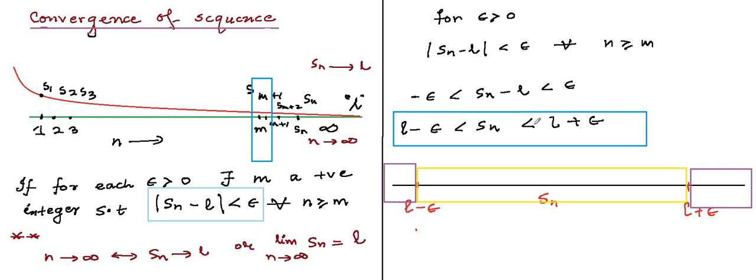So infinite terms between these and finite terms outside this interval: then only can we say that the whole sequence is converging to a particular point, that is L.